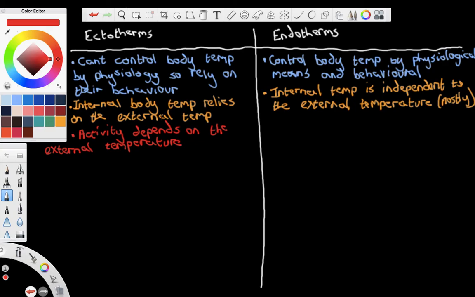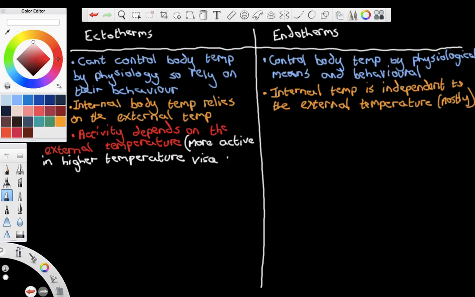When it's cold, they will move much slower. So we can say next to this: more active in higher temperatures, okay? The converse also counts, so I am also going to put there actually vice versa. And what I mean by that is when it's cold, they are less active.